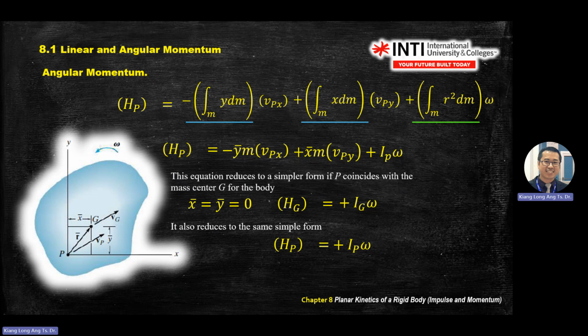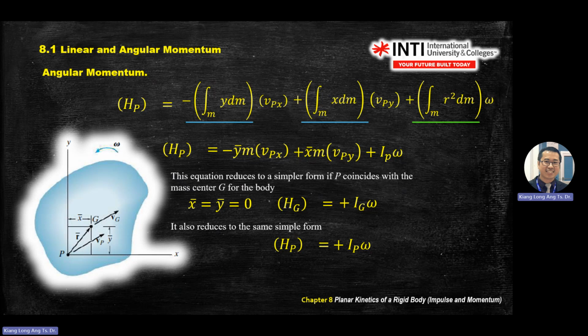Okay, and because P is away from G, what you need to do is to transform this I. Look at this I as I_O equals I_G plus m d squared. The rest is just substitution.